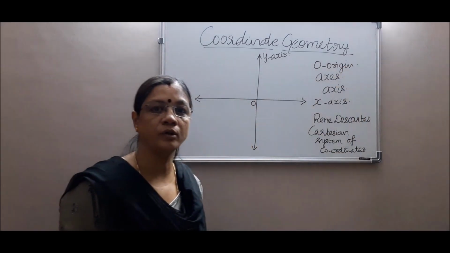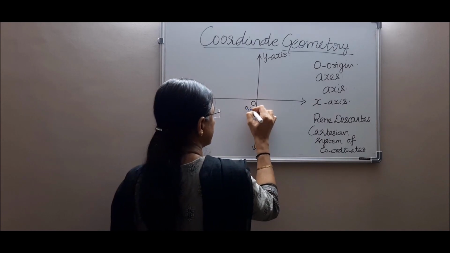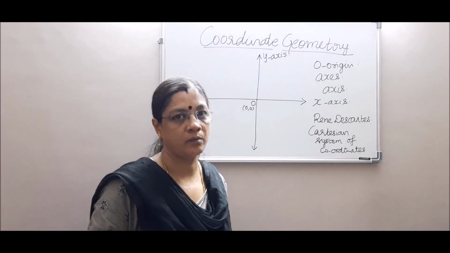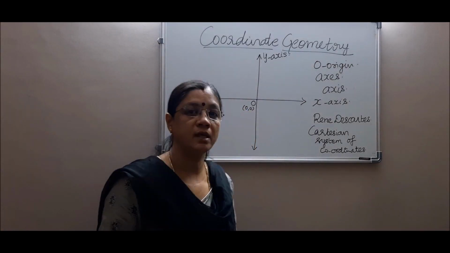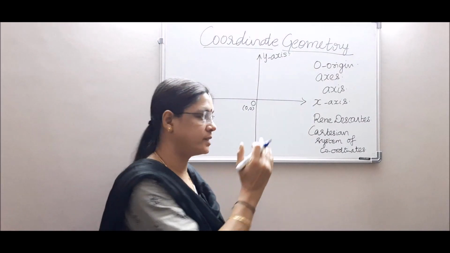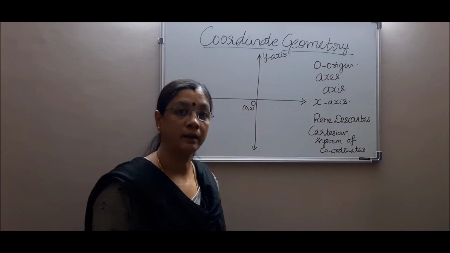The point for the origin is taken as 0, 0. This is the starting point or the origin, which has the coordinates 0, 0. So what is 0, 0? What are the zeros separated by a comma?